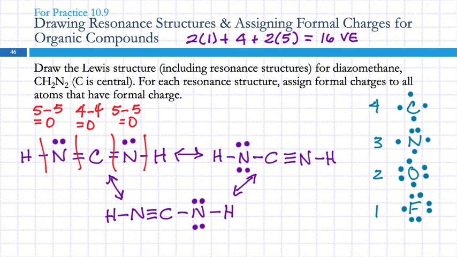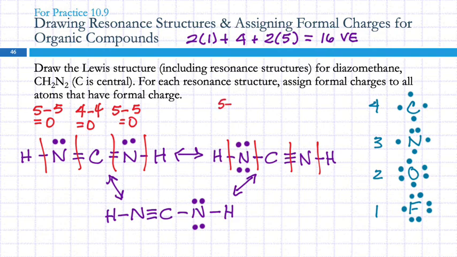So let's do this one. Again, cutting things in half. How many bonds does this nitrogen have? 2, not 3. That's going to have a formal charge. Here, carbon has 4 bonds. That one's going to be 0. Nitrogen, 4 bonds. That's going to have a formal charge. Let's see.